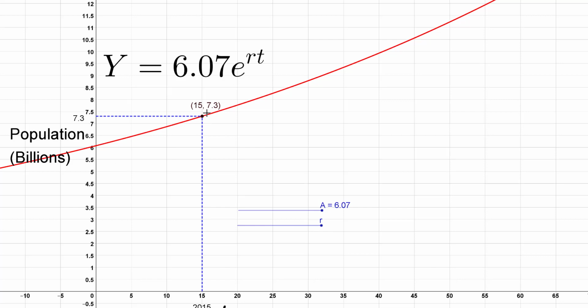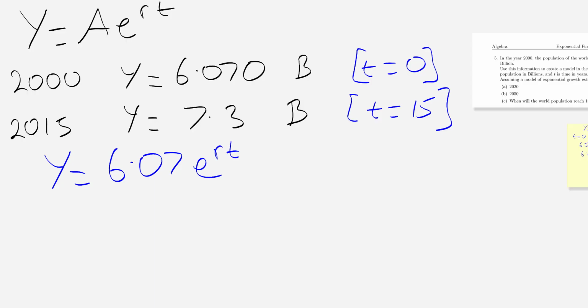So we have, after 15 years, a value of 7.3 billion. We know our value of a is 6.07, but what growth rate will let us go through this point? What growth rate will give us a value of 7.3 when the input is 15? So we'll have to set up some sort of equation to figure this out.